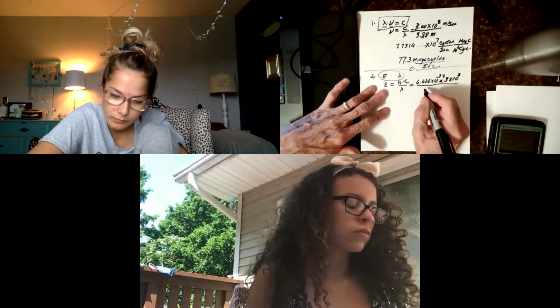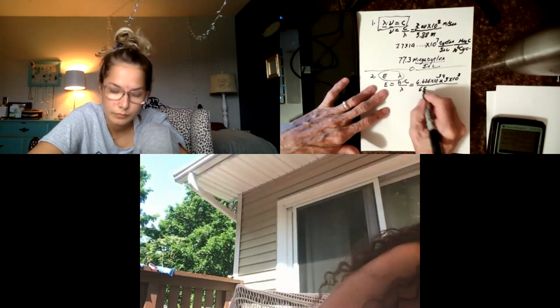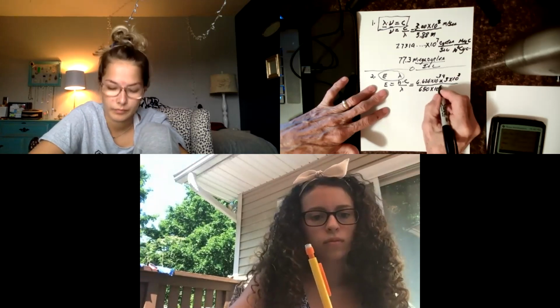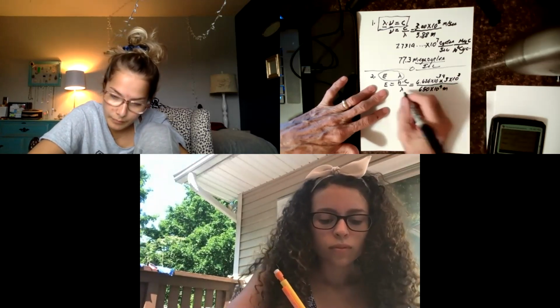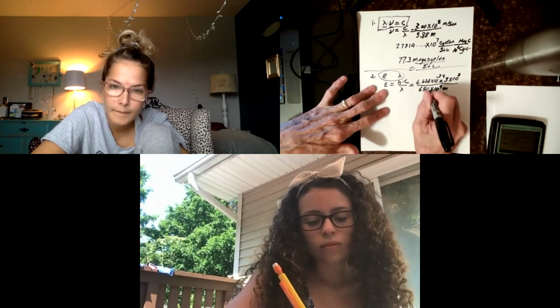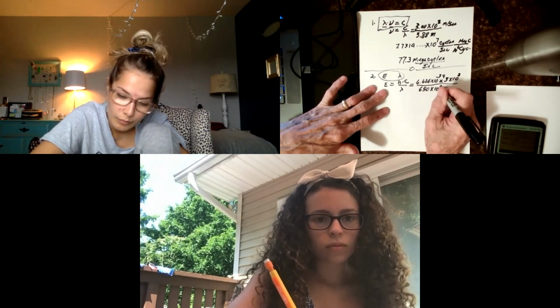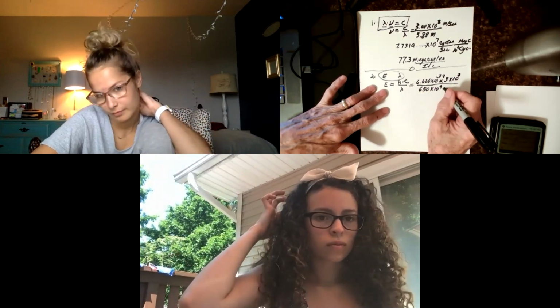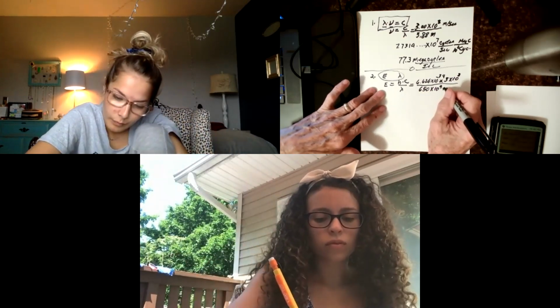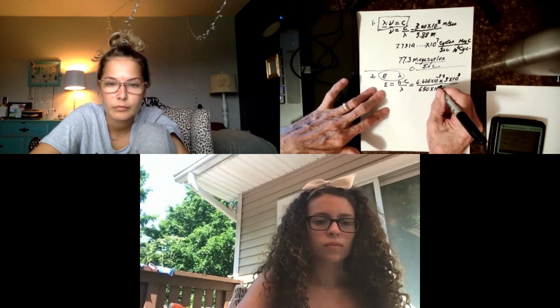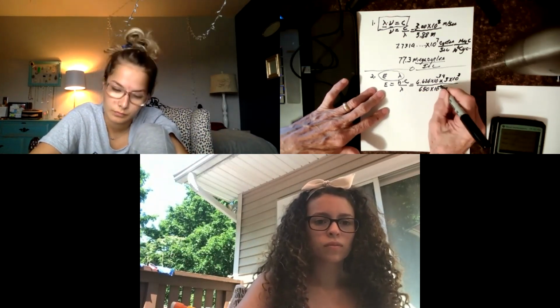The wavelength is 650 nanometers, which is 10 to the minus 9 meters. Now, distance has to be in meters. I can't put nanometers here. I have to put 650. Nano is 10 to the minus 9, not 10 to the 9th.